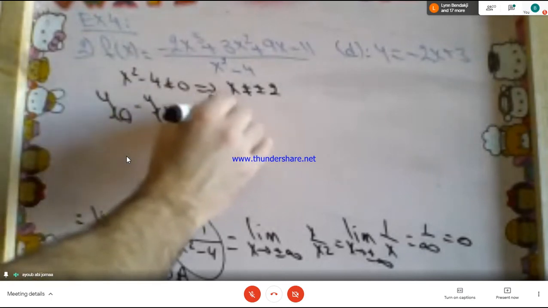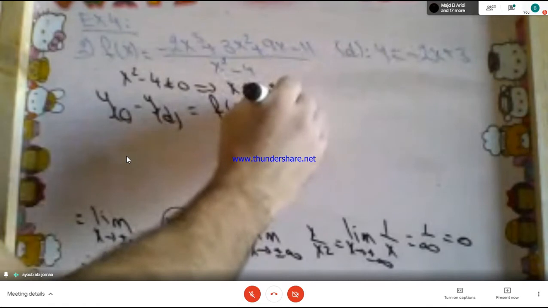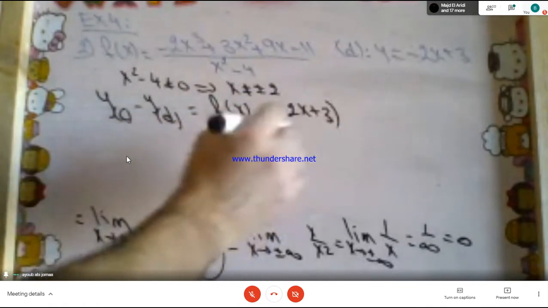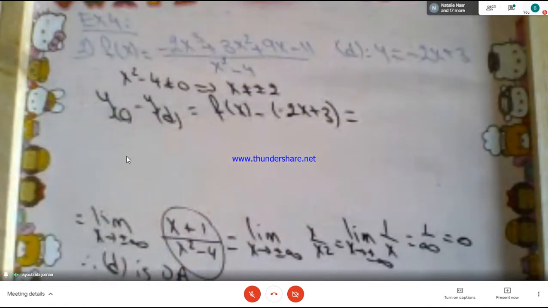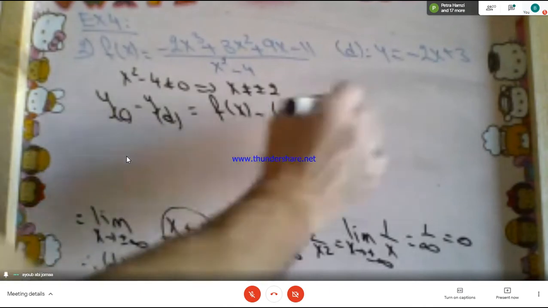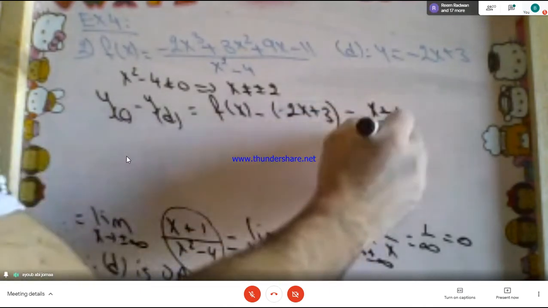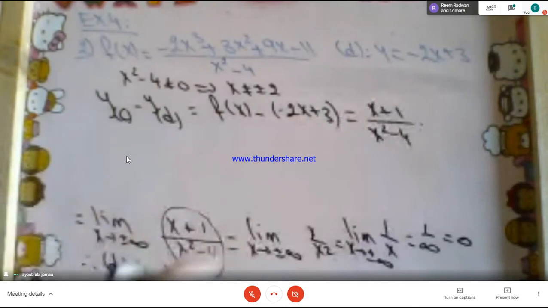That's f of x minus (negative 2x plus 3). Of course, you don't have to repeat the same steps of replacing the function by its value, taking a common denominator and simplifying, unless you want to waste some time. Directly it is x plus 1 over x squared minus 4, because we already did it.